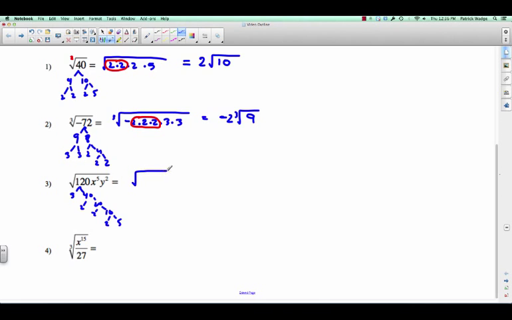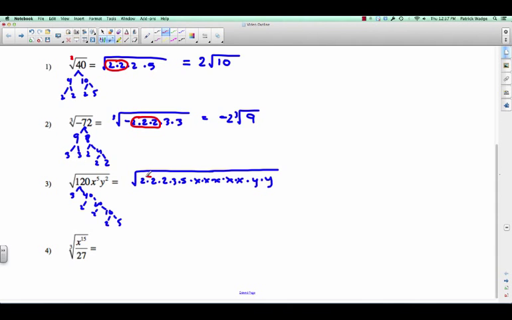Okay, so 120 x to the 5th y squared is the same as 2 times 2 times 2 times 3 times 5 times 5 x's, x times x times x times x times x. Remember we did this sort of thing last day, times y times y. Wow. And we are looking for pairs because this is a square root.